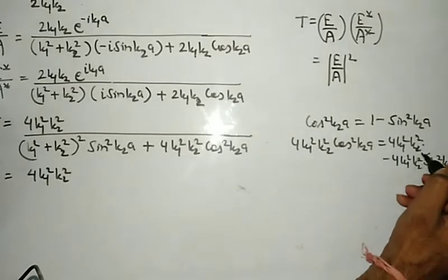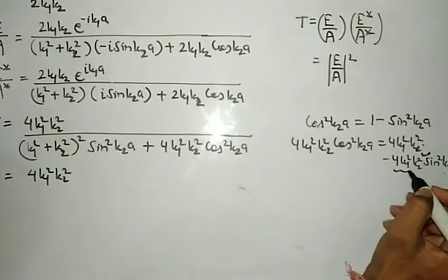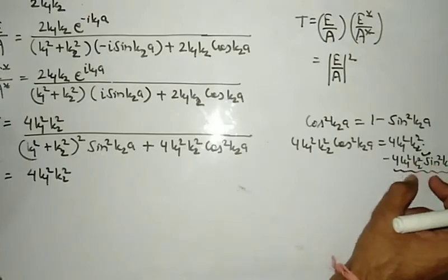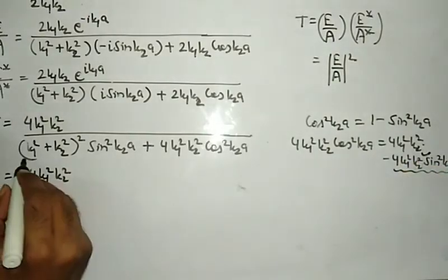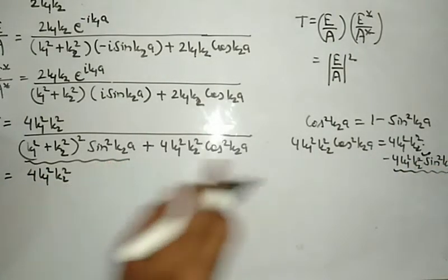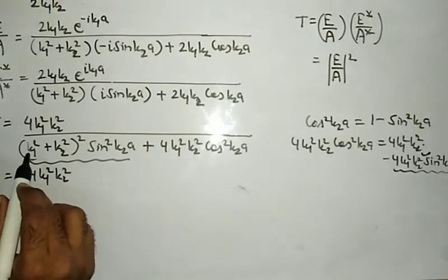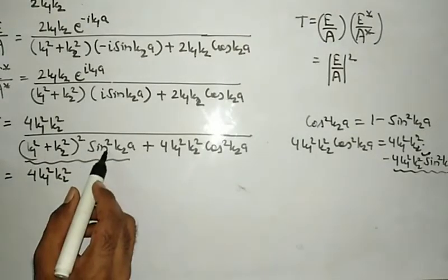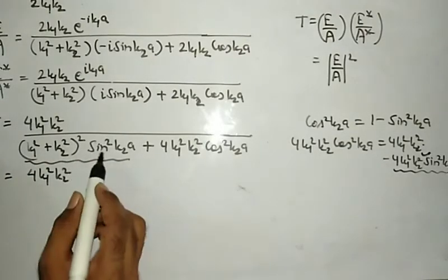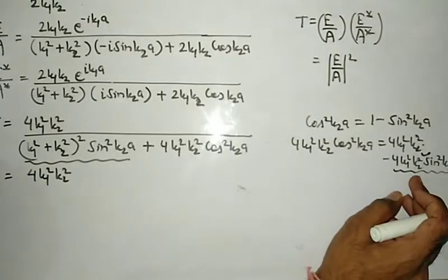So for this term and this term, both terms, because this is k1 square, this plus k2 square, this plus 2 k1 k2, this is in minus.